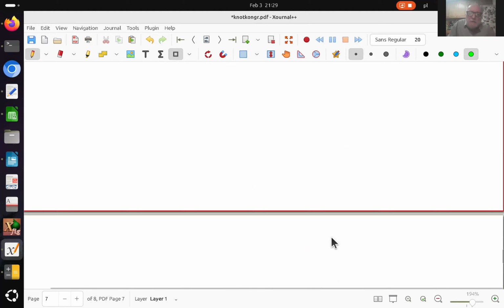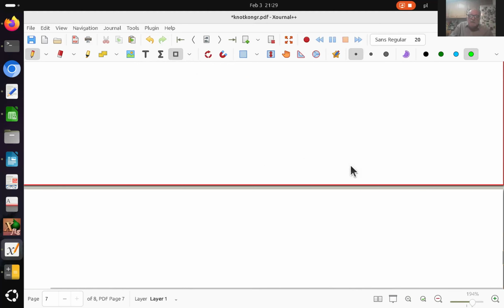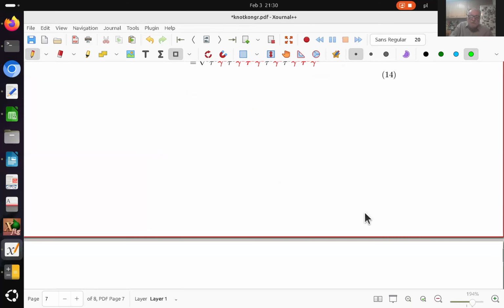But maybe I will make just a small remark about how it works. So if in a sequence like that you see tau cube, you know that's a place where A meets B. You have A to some power here and B to some power here.